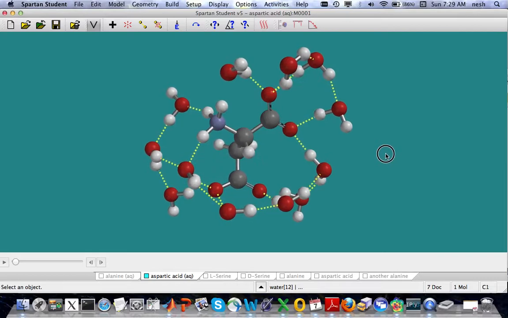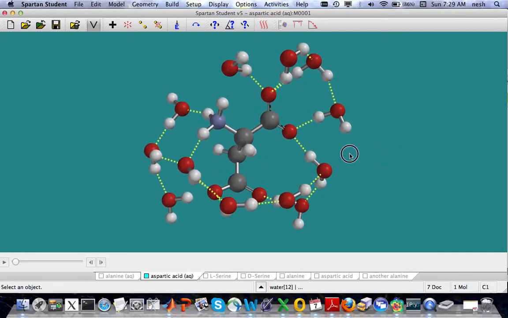There's the C-terminus, and there's the N-terminus. Both of those are experiencing hydrogen bonds, and then there's the R group of aspartic acid, which is also having some hydrogen bonds to the solvent.